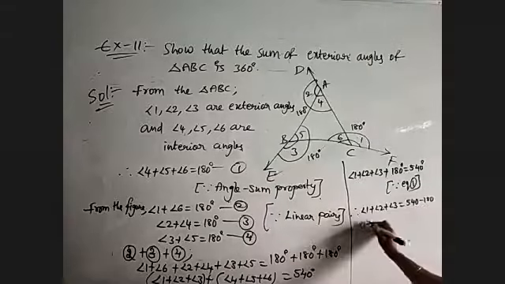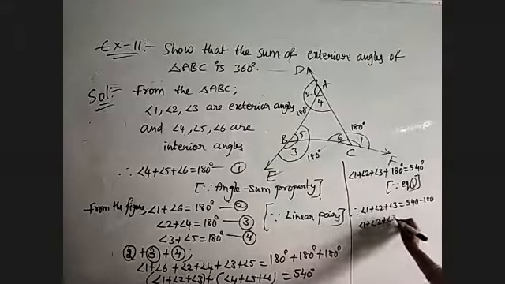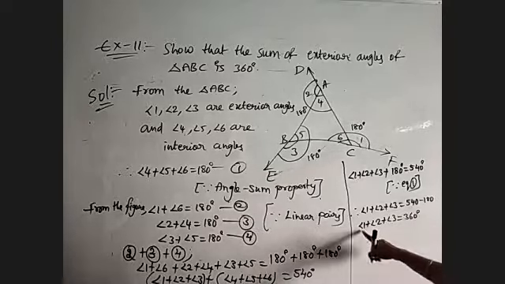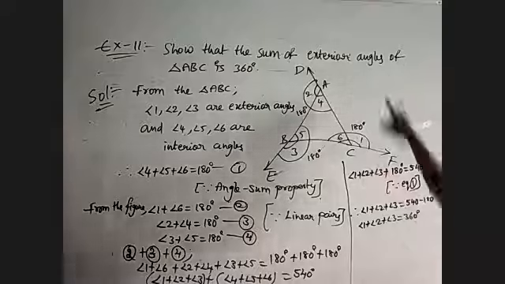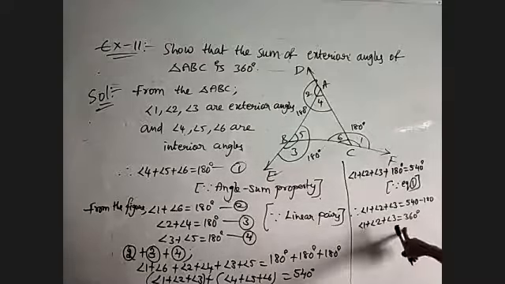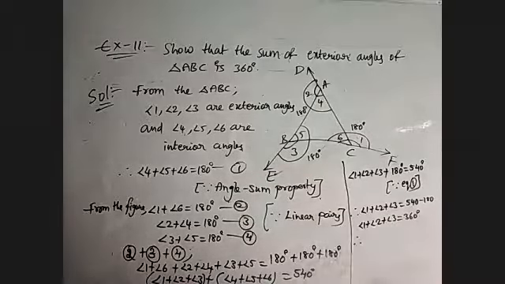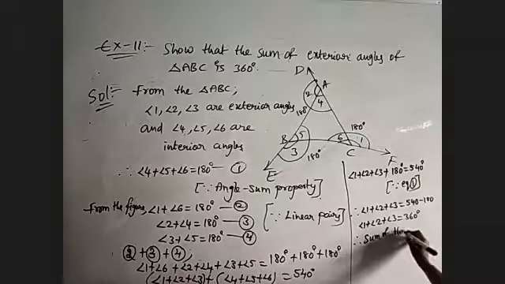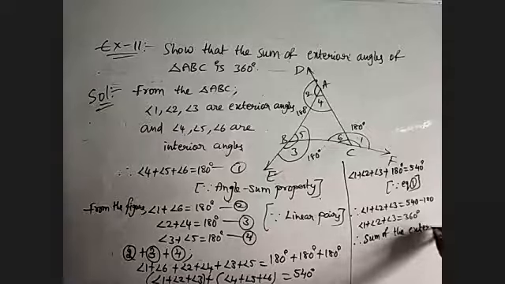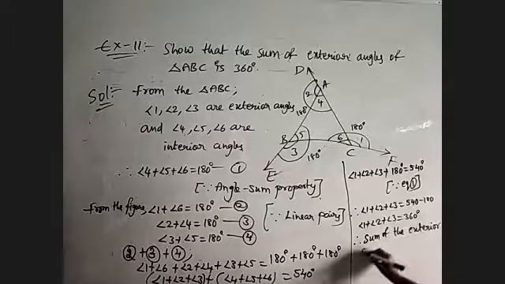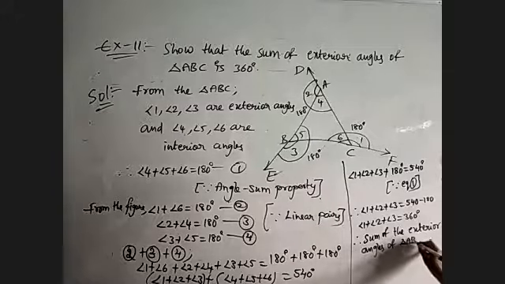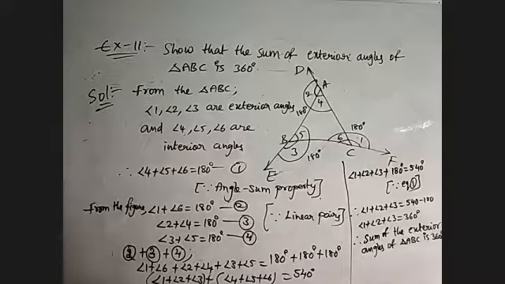That is, angle 1 plus angle 2 plus angle 3 is equal to 360 degrees. And that is nothing but the sum of the three exterior angles of the triangle is equal to 360 degrees. So therefore, the sum of the exterior angles of triangle ABC is 360 degrees. Hence proved. That's all.